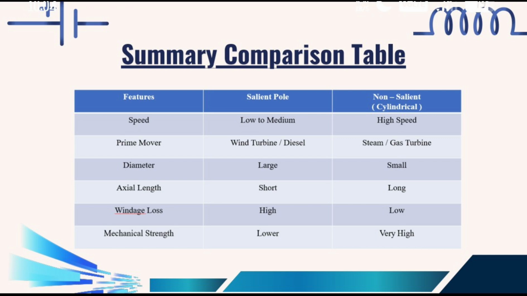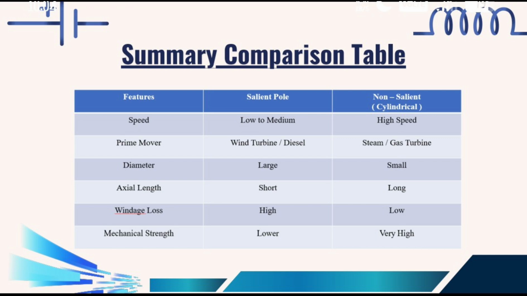And here is the summary comparison table. For the features, it has speed, prime mover, diameter, axial length, windage loss, and mechanical strength. For the speed, the salient pole is low to medium and the cylindrical is high speed.